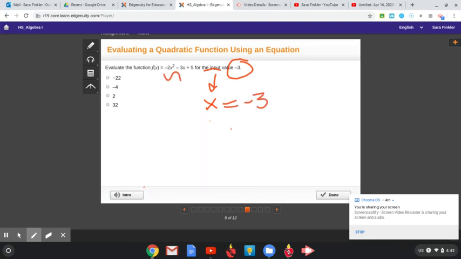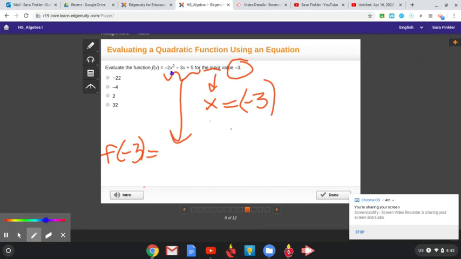So you need to take this equation and plug in where x is -3. Anytime you see x, replace it with parentheses -3. So again, I see x, and I see x, replace it with parentheses -3.